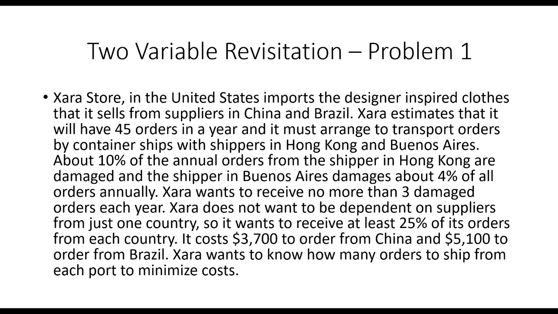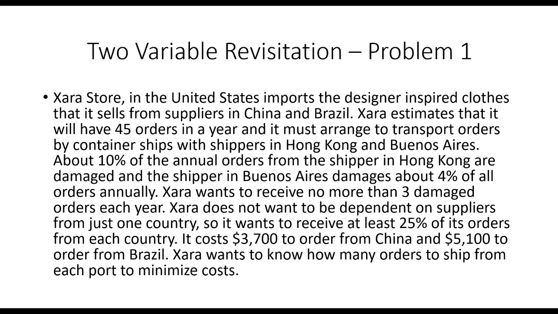Our second constraint: 10% of orders from China and 4% from Brazil are damaged. So 0.90 X1 plus 0.96 X2 must be less than or equal to 42, because we have 3 damaged orders. If it's more than 42, we have more than 3 damaged orders, and that is unacceptable.